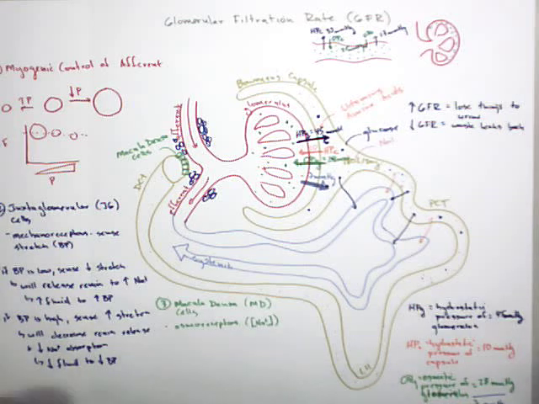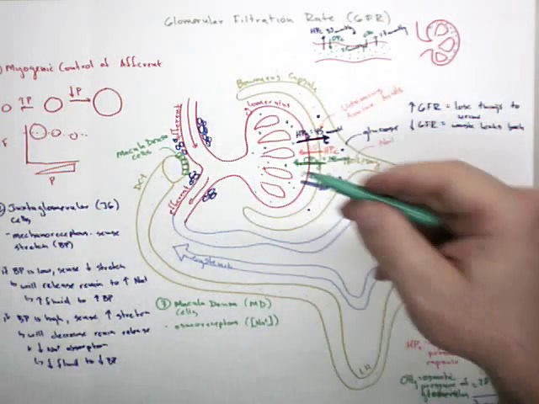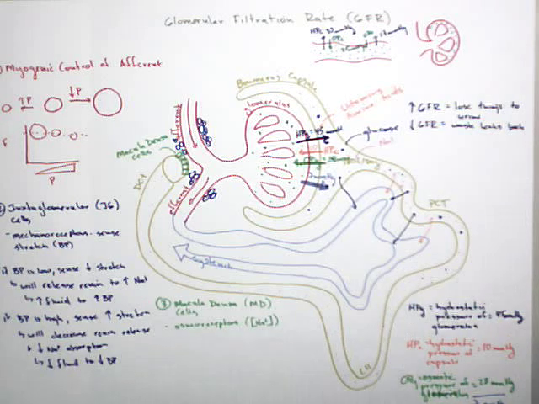When we drew this originally, these little pink dots were sodium, and we expect a certain amount of sodium to show up at the macula densa cells. The amount we expect is the amount that was consumed in the diet. The kidney's role is to balance sodium, so get rid of the amount of sodium that's coming in, to match out with in. So the macula densa cells are expecting a certain amount of sodium here.